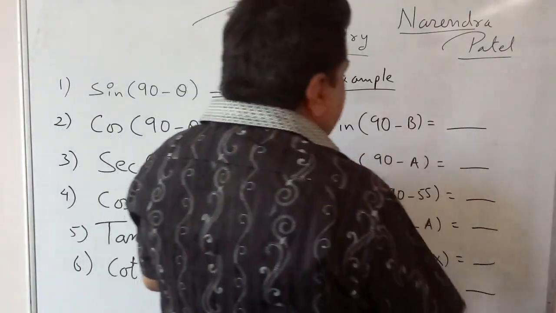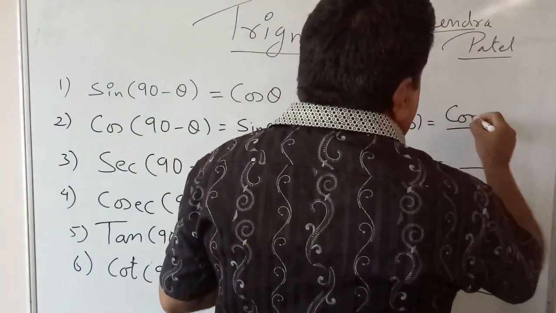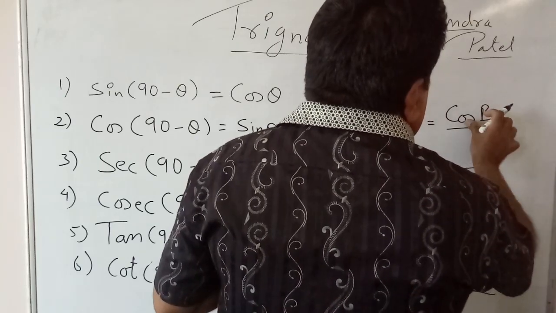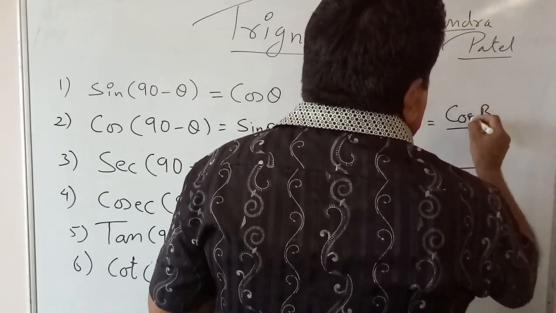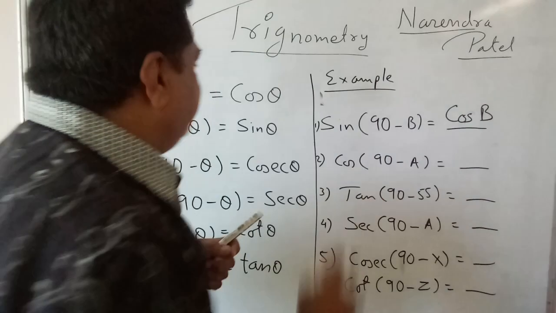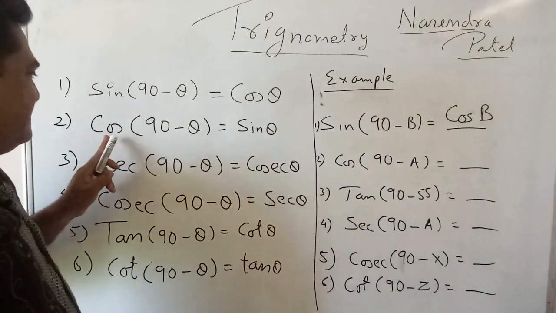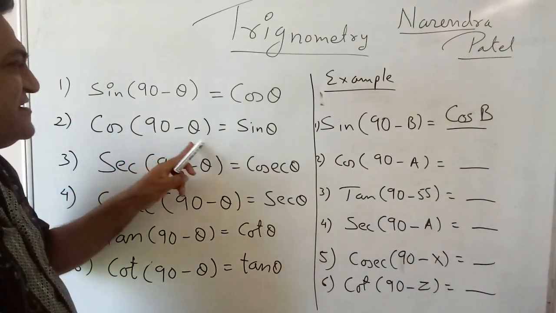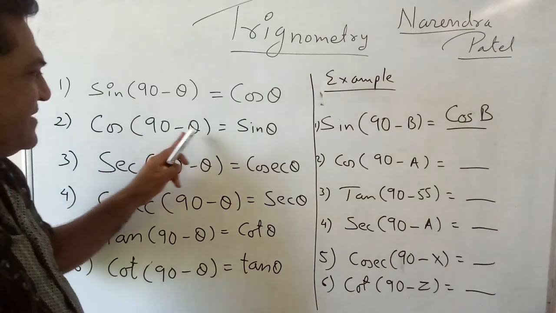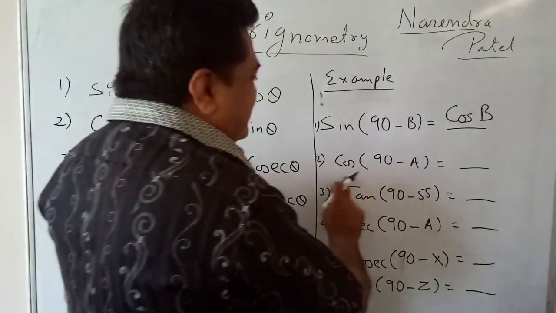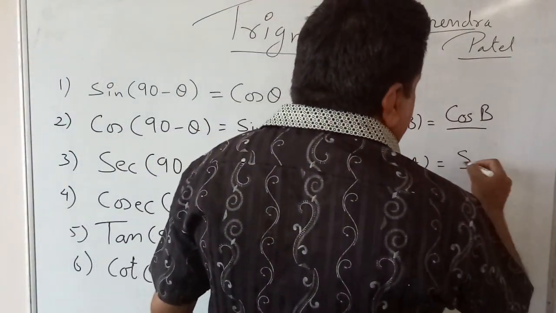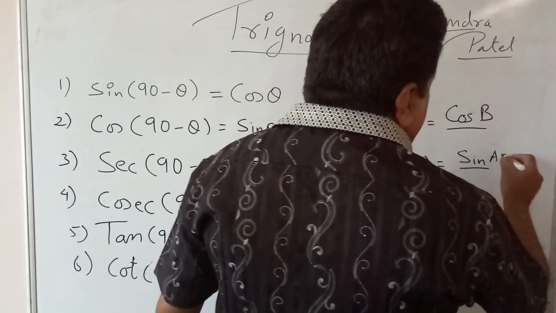Sine 90 minus b, so you will get cos b. Understood? Here this is theta. Same way, cos 90 minus theta is sin theta. Here cos 90 minus a, so you will get sin a.